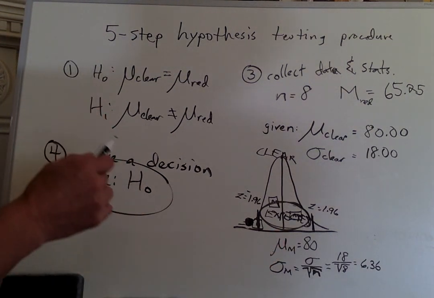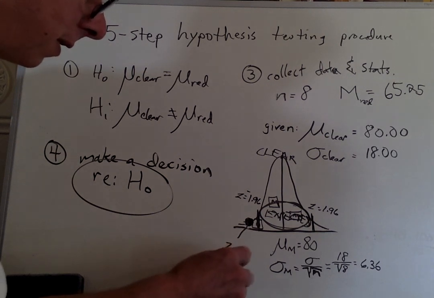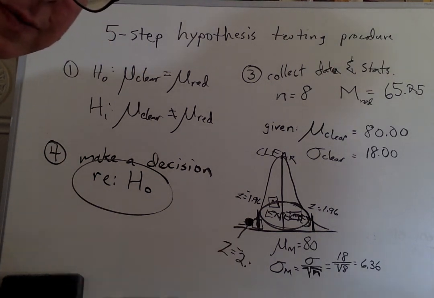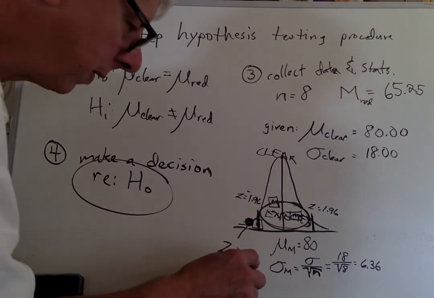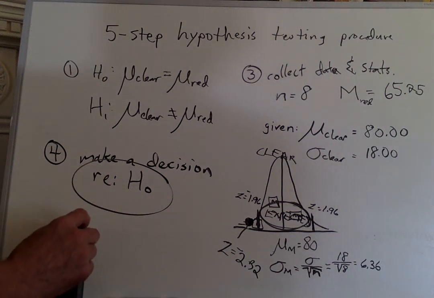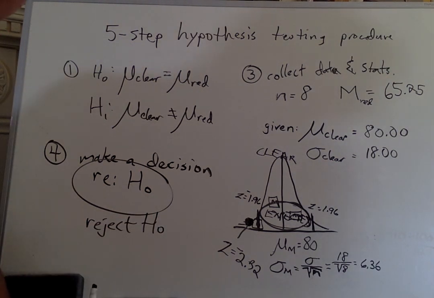So what I'm going to do in this case, because my z-score out here is 2.32, my decision about the null is going to be this. I'm going to reject the null hypothesis.